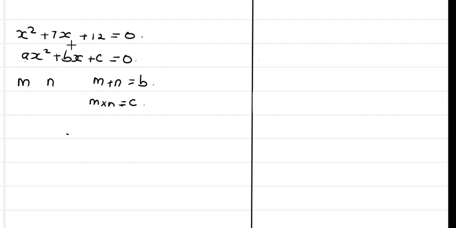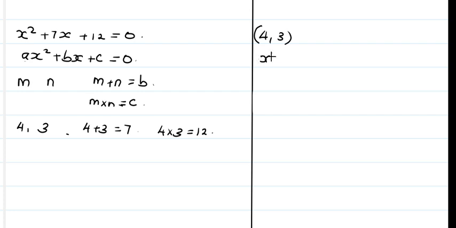So in this case, which two numbers, when we add them, give us 7, and when we multiply them, give us 12? Those two numbers are 4 and 3, because when I add 4 and 3, I get 7, and when I multiply 4 by 3, I get 12. So from there, since now I have the two numbers as 4 and 3, I can factorize inside the equation.